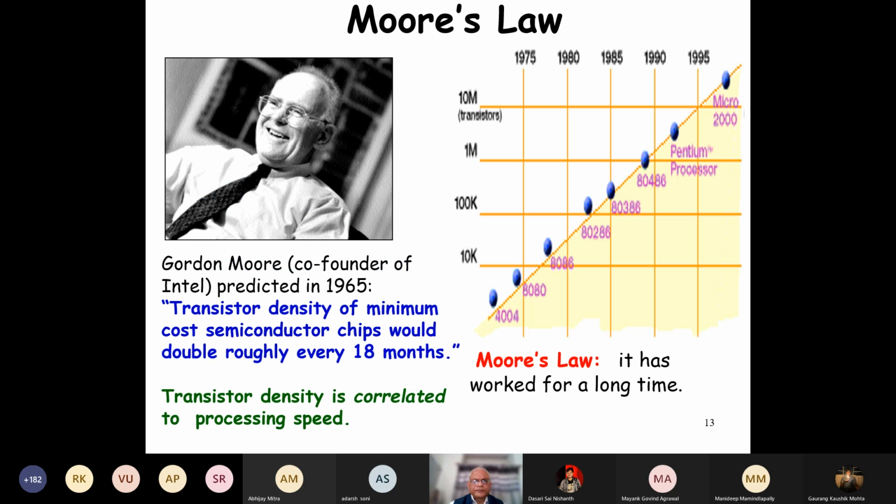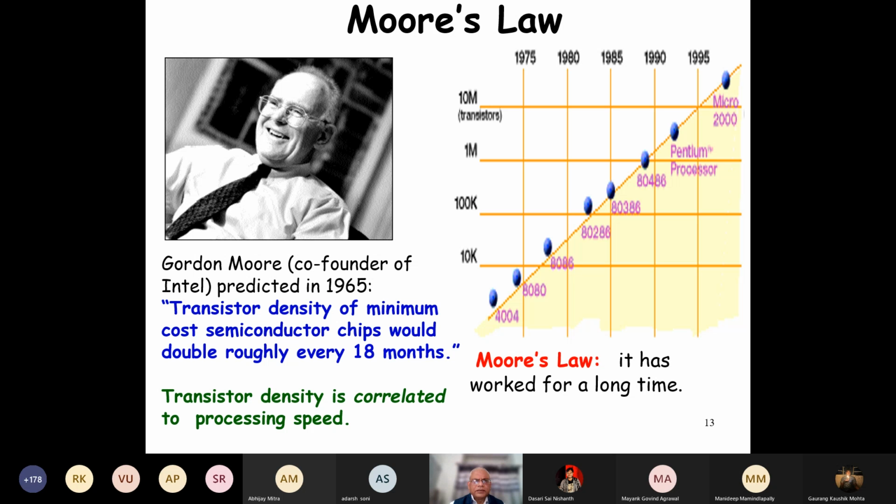And what he said is that the transistor density, this was the actual statement, that the transistor density of a minimum cost semiconductor chip would double roughly every 18 months. In 1965, that's the statement he gave. But then the question comes here: what is a minimum cost semiconductor chip?